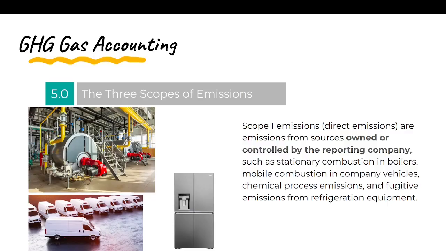The emissions which result from the operation of these cars are also classified as scope 1 emissions. And then you may have your microwave, your fridge, and also air conditioning equipment; there are also emissions that result from the operation of such machines. So all these are taken into account under scope 1 emissions.